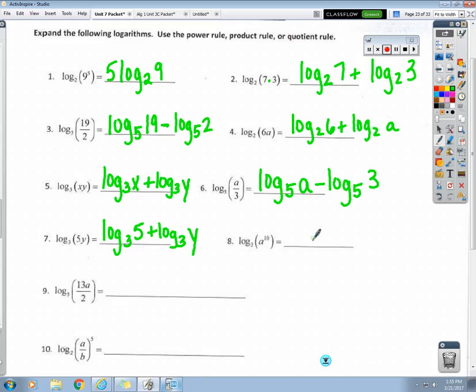Number 8, what property are we dealing with, Orlando? Power. What do you do when there's a power and you're asked to expand it?